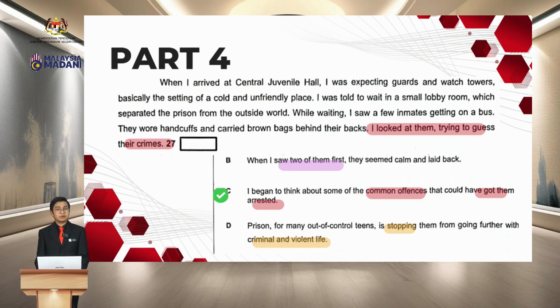The sentence before does not reflect that the writer was looking at the inmates. And the sentence before also did not talk about why prison is there. The sentence before talks about the writer trying to guess the crimes of these inmates.